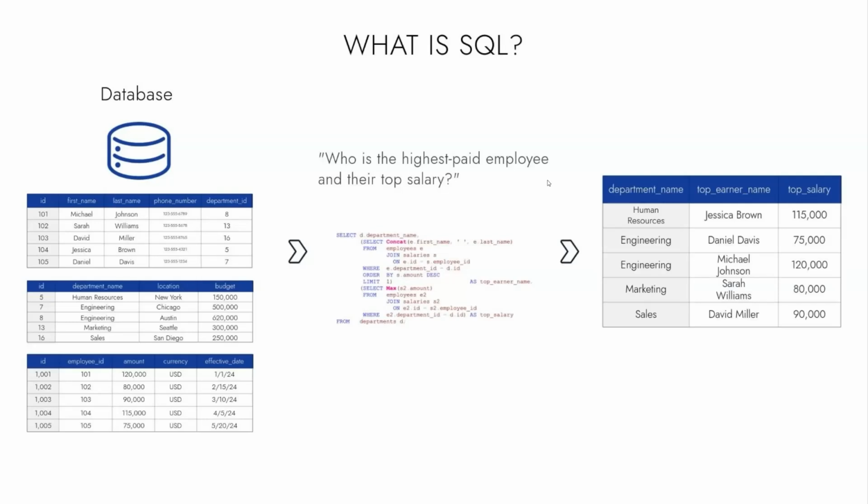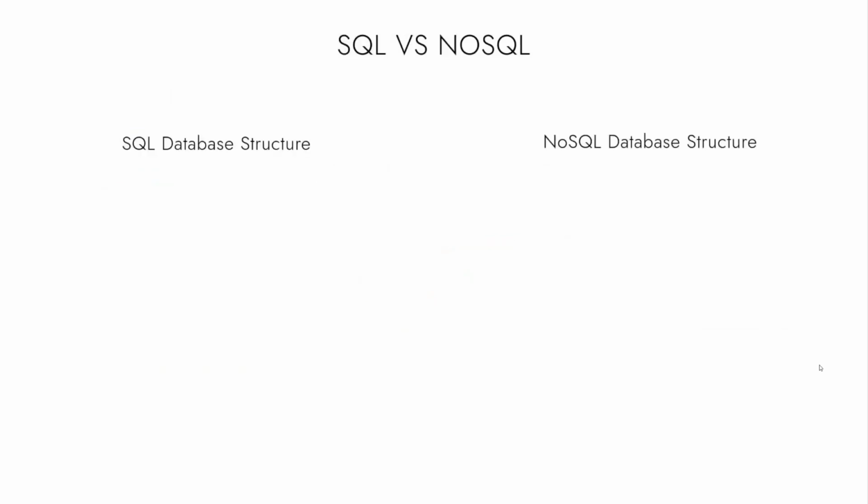You can have the department name that you want, and pull in the top earner's name and top salary. The query in the middle might seem a little bit complicated, but when we start breaking down line by line what those commands do and execute, you should be able to easily understand and perform tasks like this within a second, maybe 5 seconds or even less.